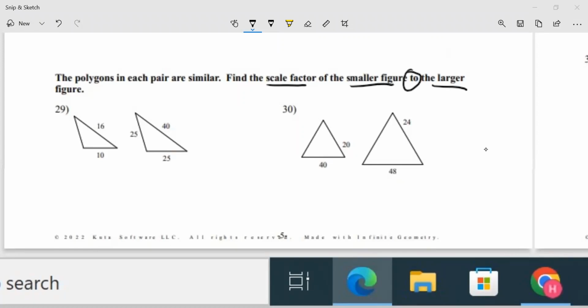Now, scale factor can be represented in many ways. In this case, we see it as a fraction, 1 over 32. Another way people say it is 1 to 32, using the word "to."